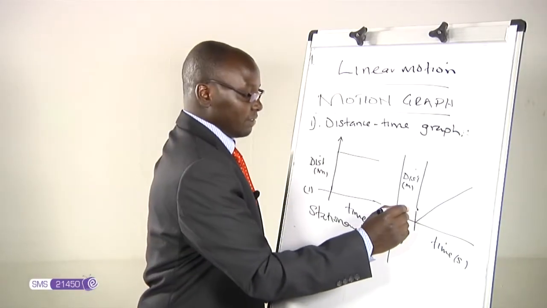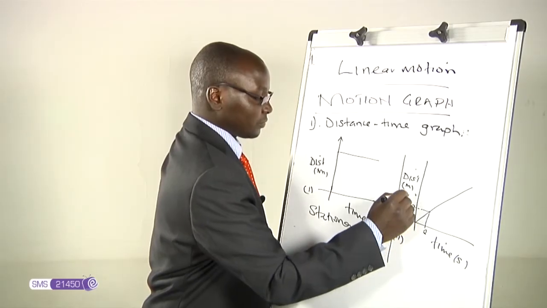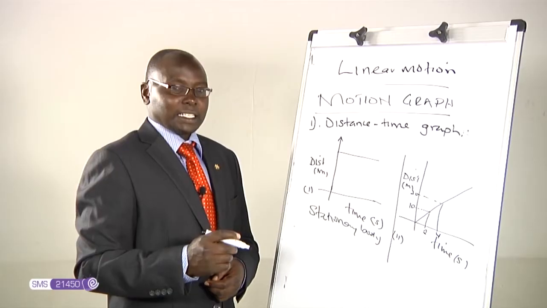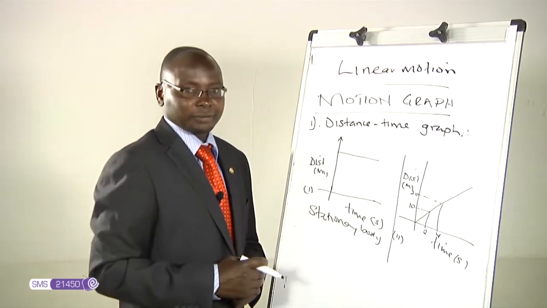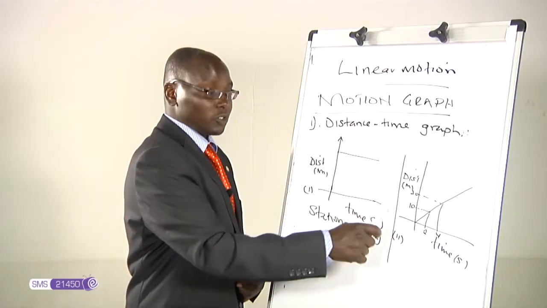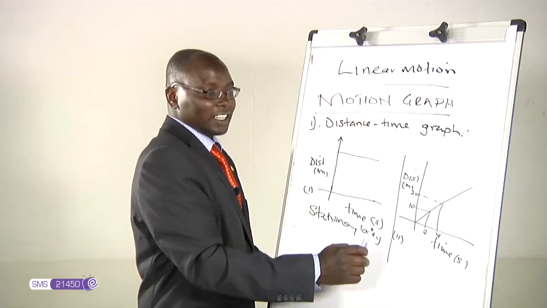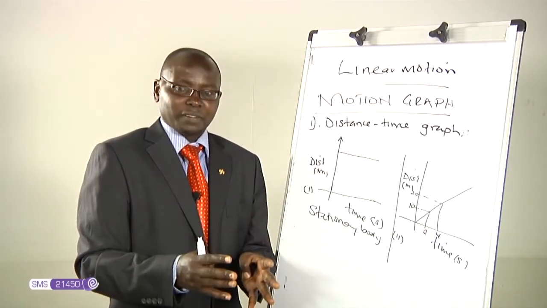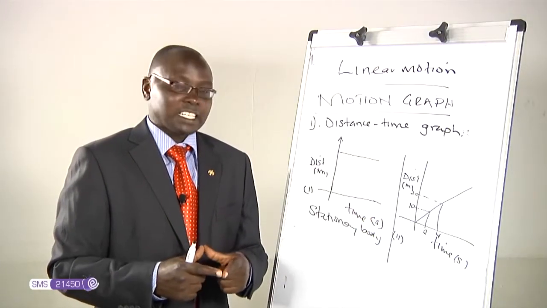If I demarcate this curve like that, suppose this is 10, this is 2, this is 4, this is 20, we can see that there is equal change in distance with time. As the distance moves from 0 to 20, the time has changed from 0 to 2 seconds. And the same interval is also here, from 10 meters to 20 meters, and from 2 to 4. As the time increases, there's equal change of distance. So we say that such a graph is a body moving with constant speed.